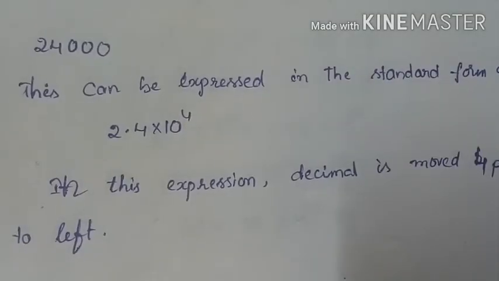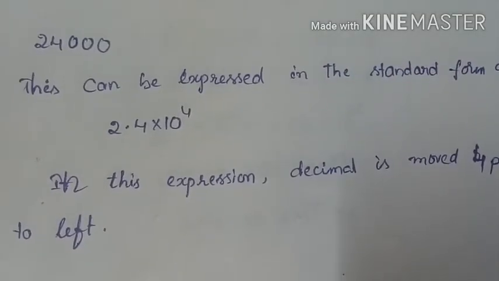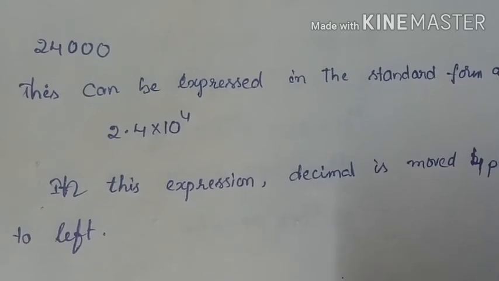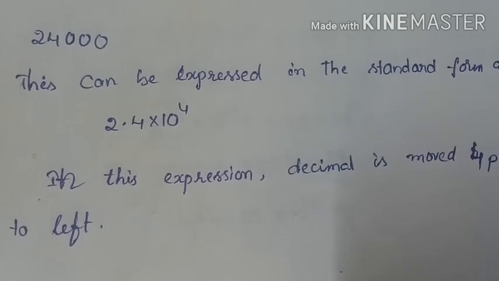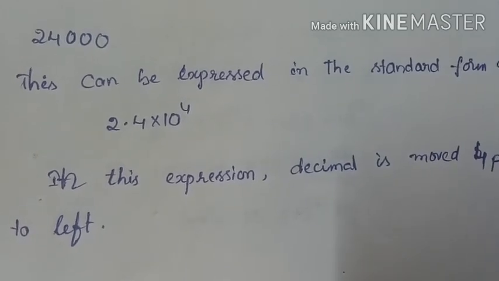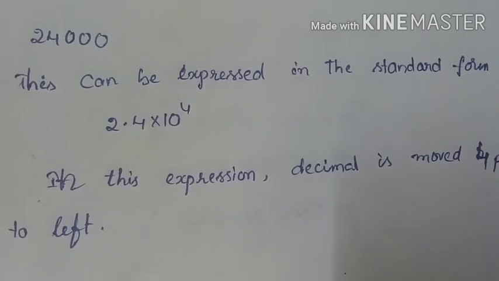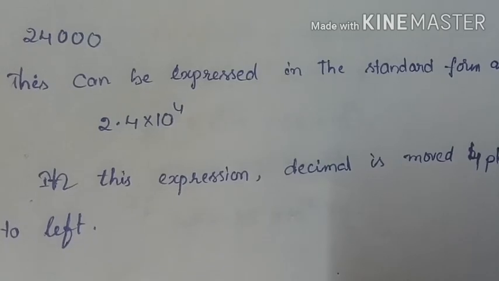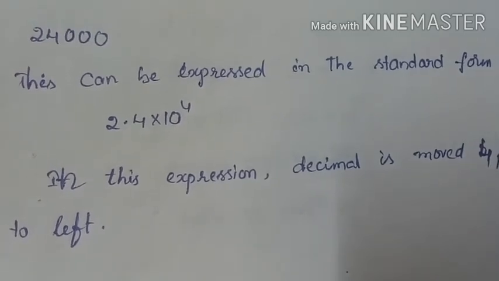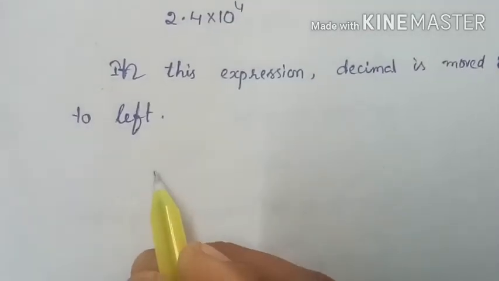So the given value is 24,000. This can be expressed in standard form as 2.4 into 10 to the power of 4. In this expression, the decimal is moved 4 places to the left. Listen how I will do this one.